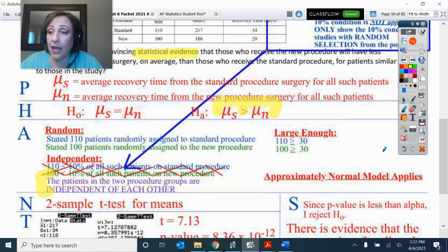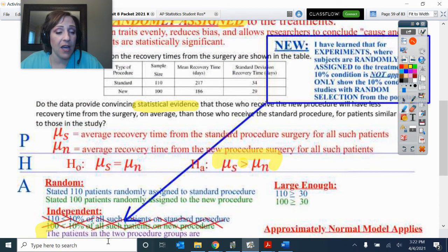Now, I'm always learning, and I have recently come to learn that this 10% condition is only needed for random selection from the population. So if I'm doing an observational study and I randomly select, but not with random assignment in an experiment, okay?